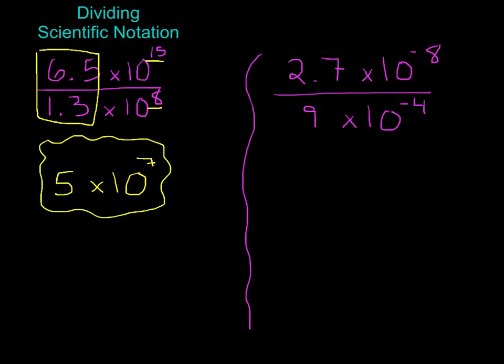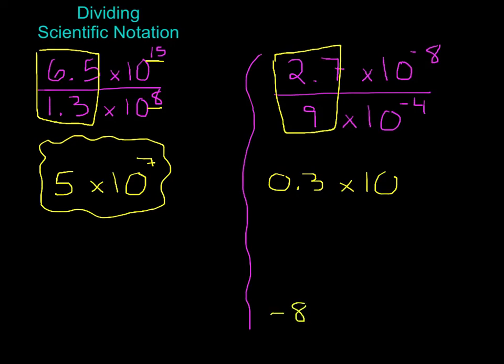So now the second one, same thing. Front numbers we divide. 2.7 divided by 9 is 0.3. And then times 10, we're dividing powers with the same base, so we subtract the exponents. Negative 8 minus negative 4 is really, so negative 8 plus 4 is negative 4.